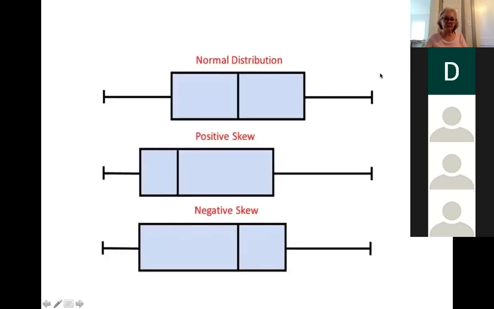On a box plot, symmetry. Positive skew, most of the data is over here on the right. Negative skew, most of the data is over here on the left. So you can see skewness on histograms, you can see it on box plots.